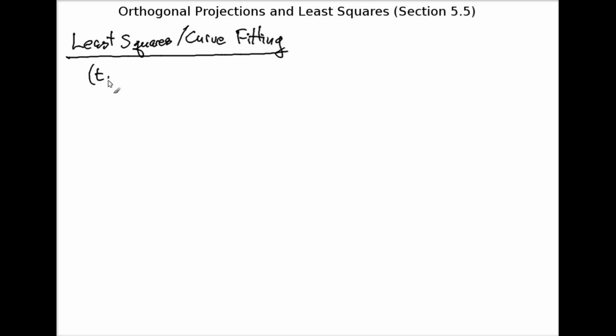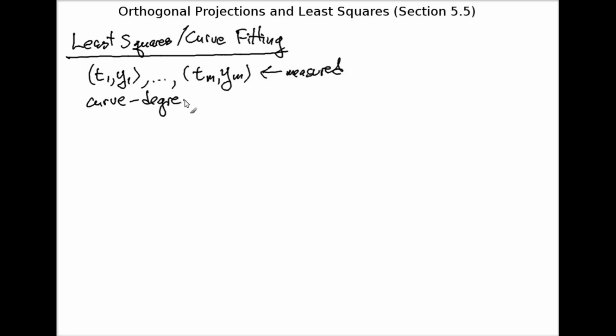So the setting is we're given a bunch of points t1, y1 up to tm, ym, and these are some measurements. And we're trying to find a curve of degree, say, k, or possibly less than or equal to k, which fits the data as well as possible, and it's the least squares fit.